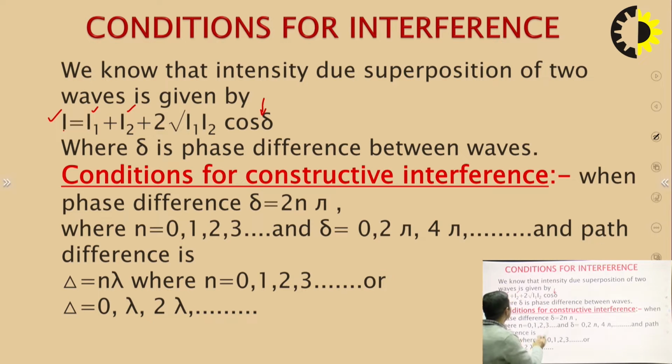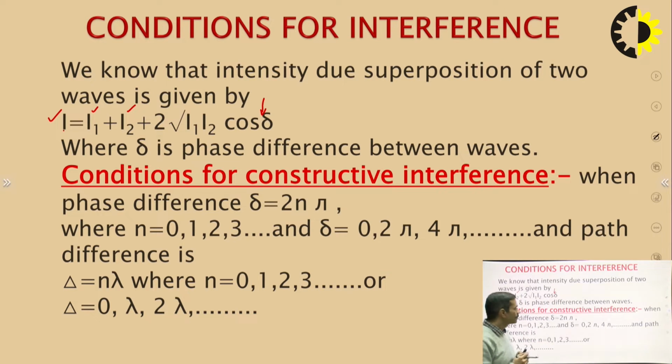So that means the intensity at any point due to superposition of two waves will depend upon delta, that means the phase difference between them. If the value of this I is maximum, then you will have constructive type of interference, and that maximum value of I depends upon the phase difference, that means the value of cos delta.